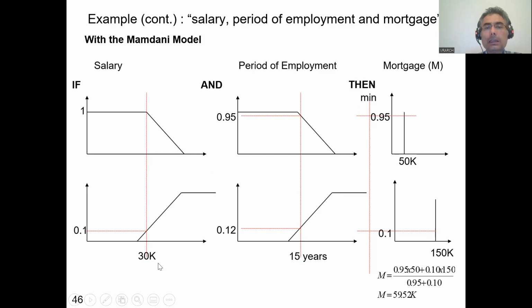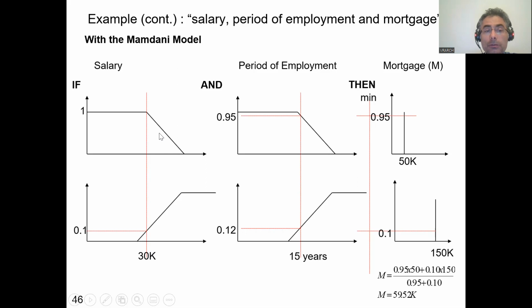Okay, let's say I've got a customer who earns 30K per year, and that person has been in employment for 15 years. For 30K, of course, that person has two membership degrees, because they belong to both groups, but with different degrees of membership.